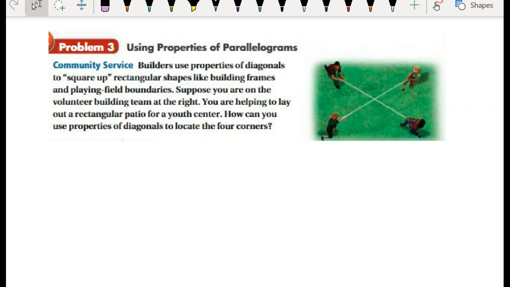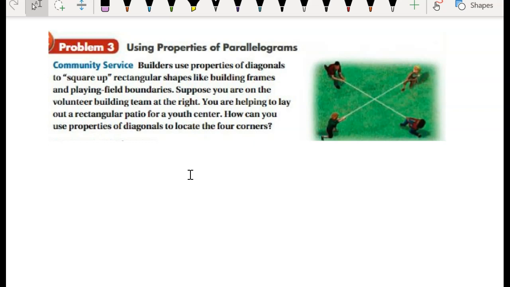Okay, so this one we're just going to talk through, and I'll jot down a few notes. We want to use the properties of parallelograms. Builders use properties of diagonals to square up rectangular shapes like building frames and playing field boundaries. Suppose you were volunteering to build a rectangular patio for a youth center.